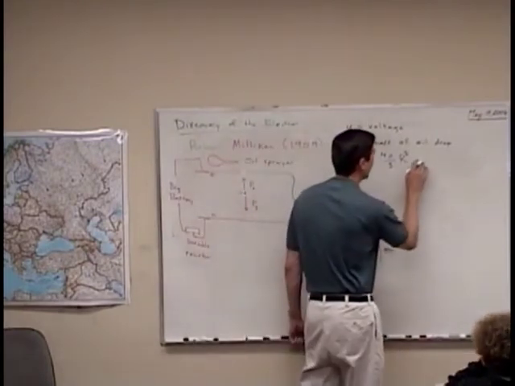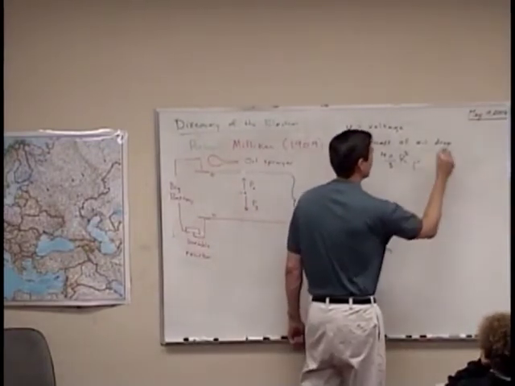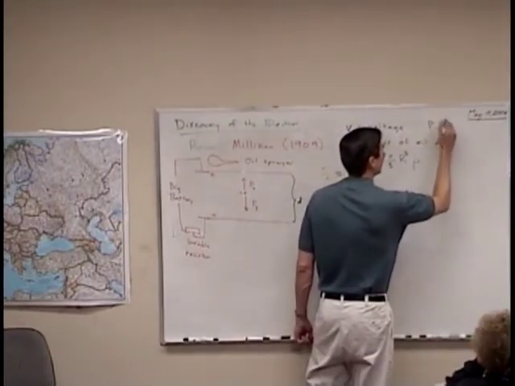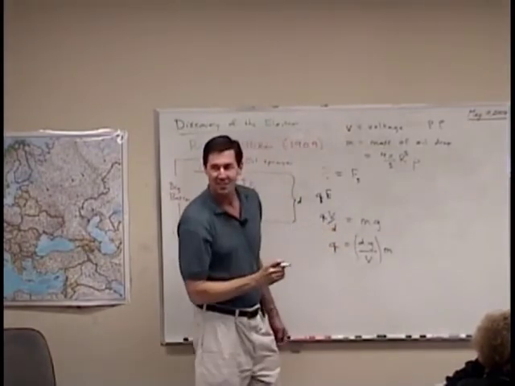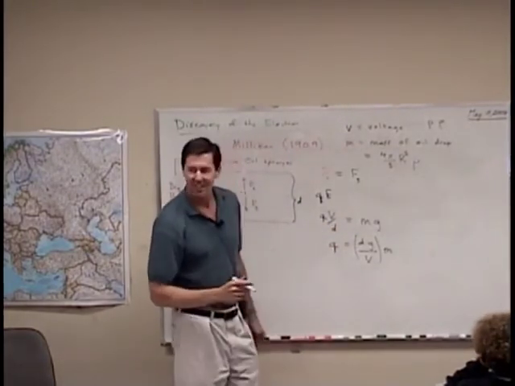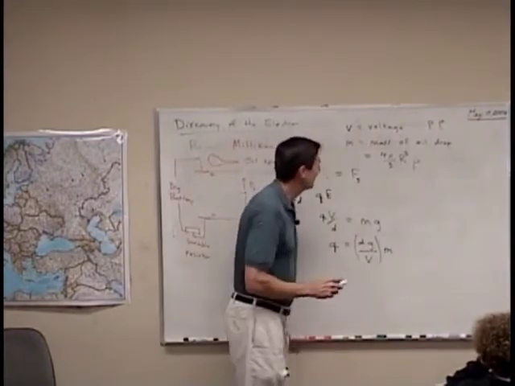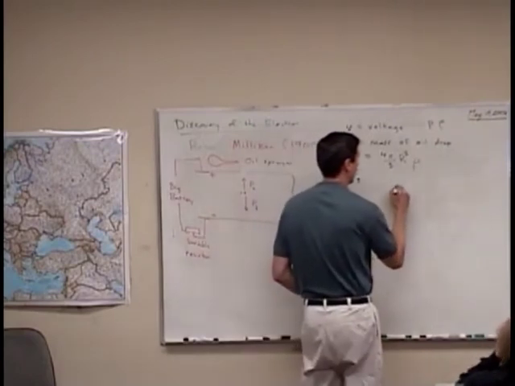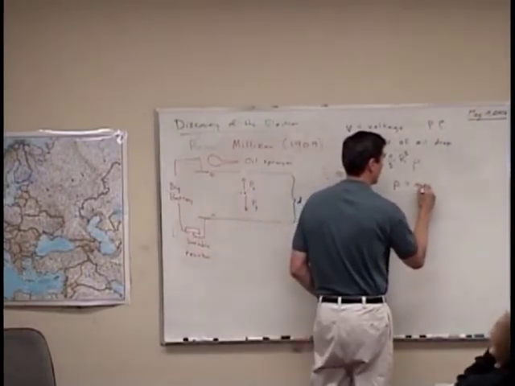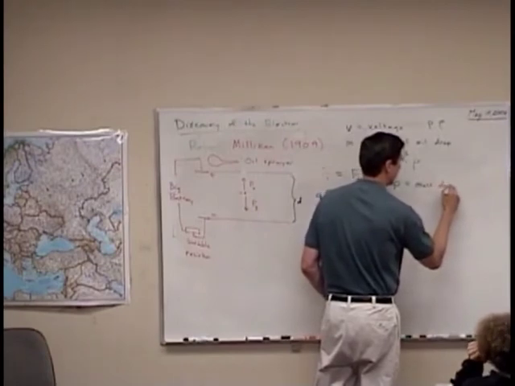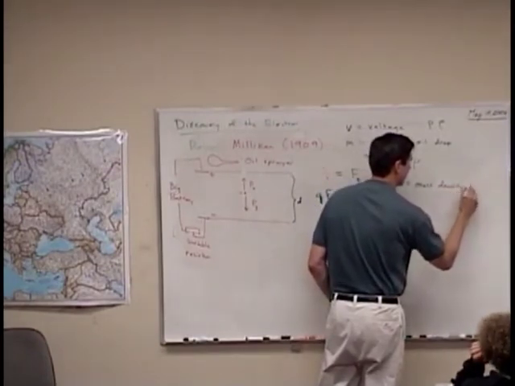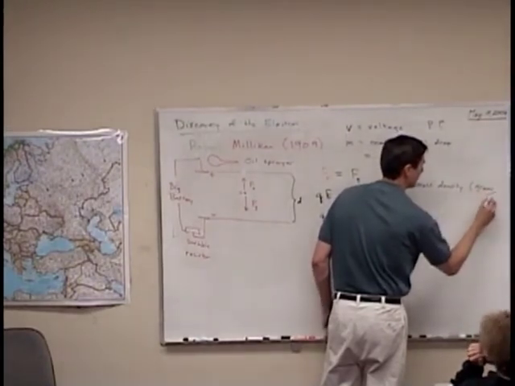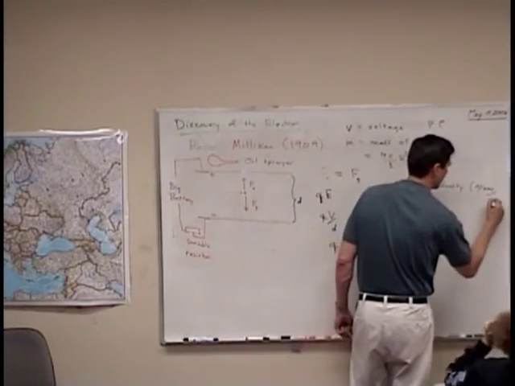Anyway, rho is just mass density. You can put that in grams per cubic centimeter.